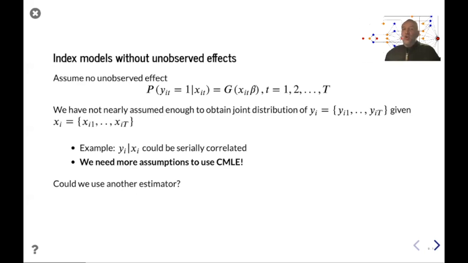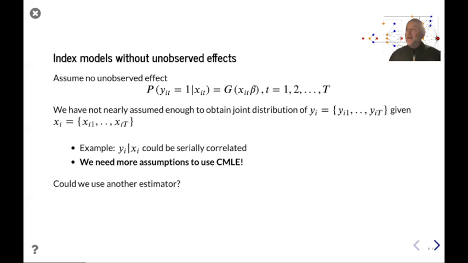So if we were to do conditional maximum likelihood, we would need to model the joint distribution of all those T random variables. How do you model the joint distribution of T random variables? It's not enough just to say what the marginal distribution is for each of those T variables. You need the joint distribution. If there's complete independence, you can just multiply the probabilities together and you have the joint distribution, okay? But we are not willing to assume independence.